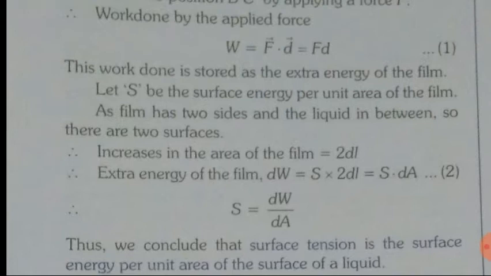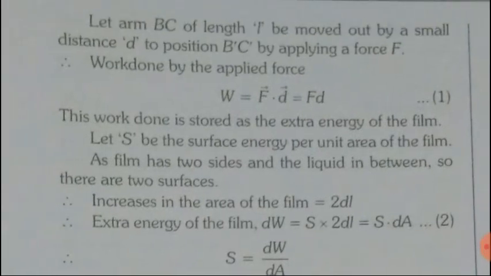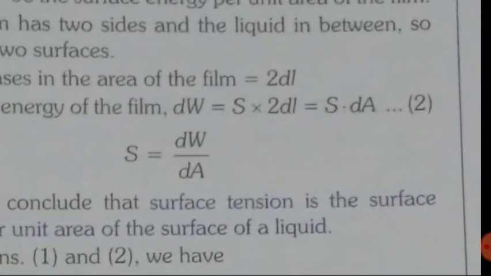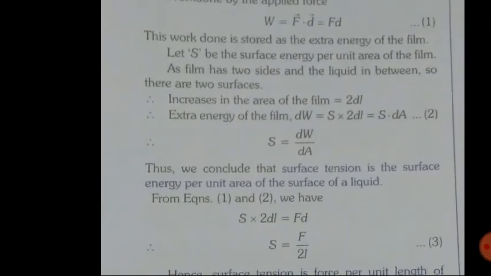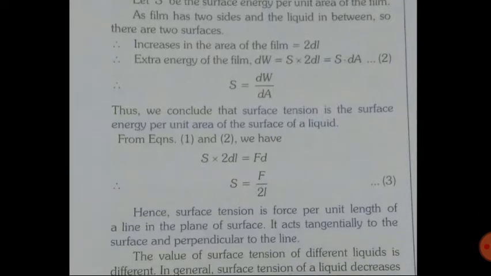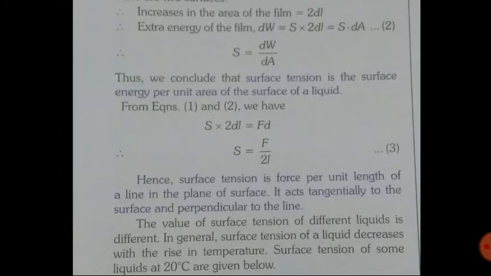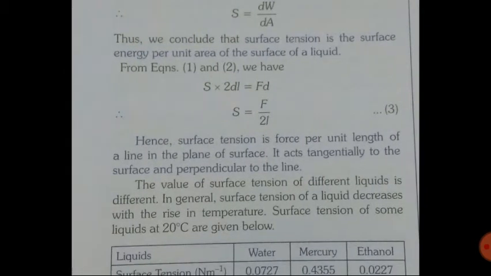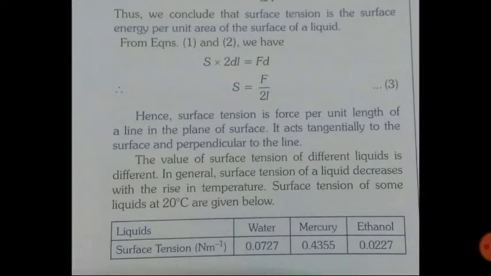Now again, from equation 1 and 2, both equations give us the work done, so both are equal. So S into 2 d L equals F d, and d will get cancelled, so S equals F upon 2L. This is another formula for surface tension. Hence, surface tension is force per unit length of a line in the plane of the surface.